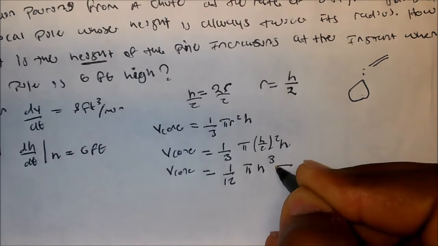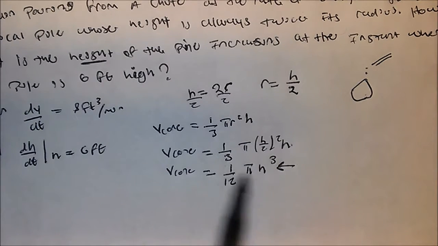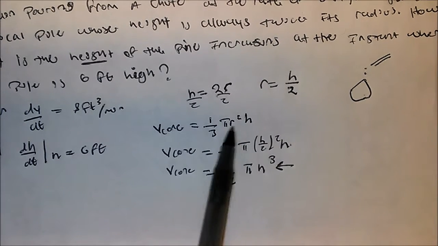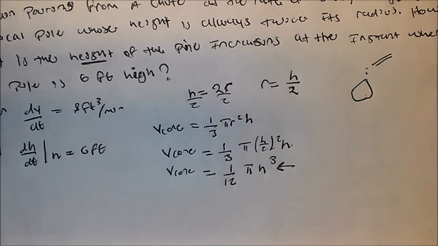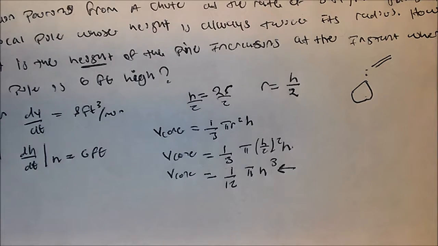So this is the formula that we need. And here you can see that it takes care of the ambiguous r that we didn't know anything about. So now we're okay to take our derivative.